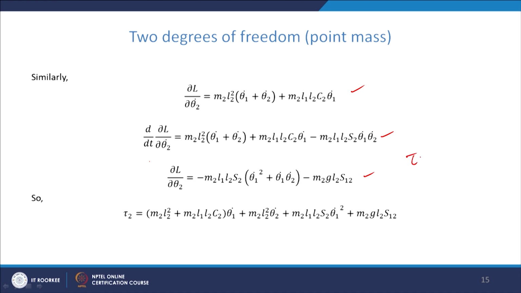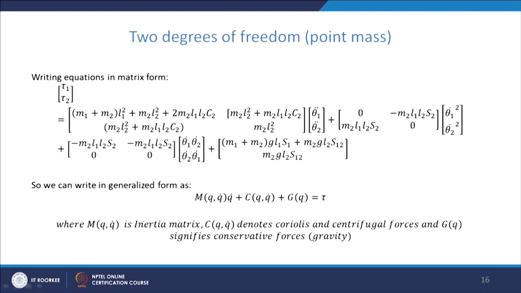So, we get the formula, the torque tau 2 is d by dt of del L by del theta 2 dot minus del L by del theta 2. If you substitute these values we will get the second equation, tau 2. So, we observe that the equations of motion, tau 1 and tau 2, can be written in matrix form like this, combining the two equations.